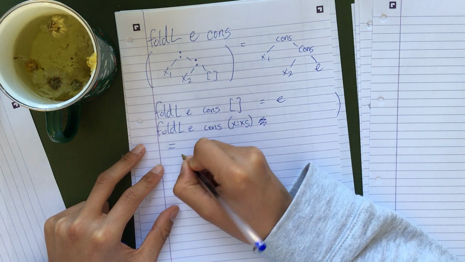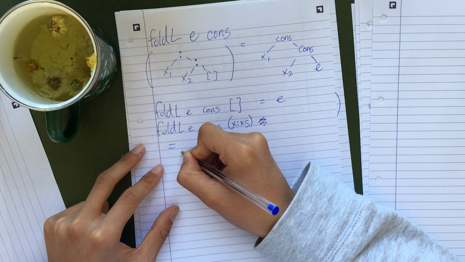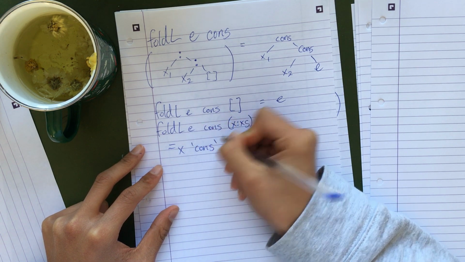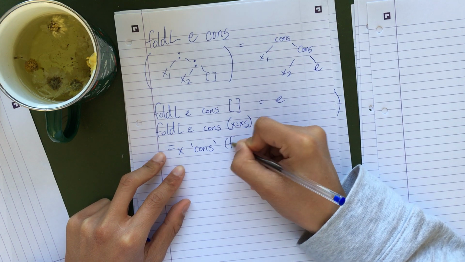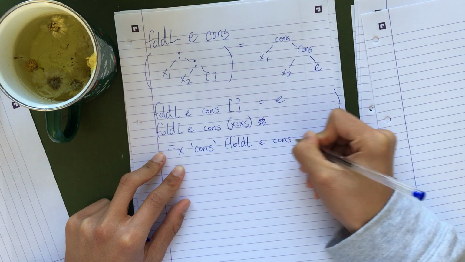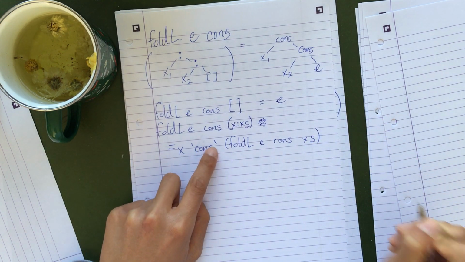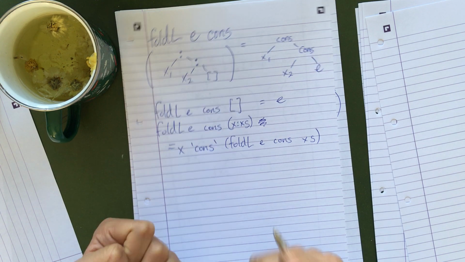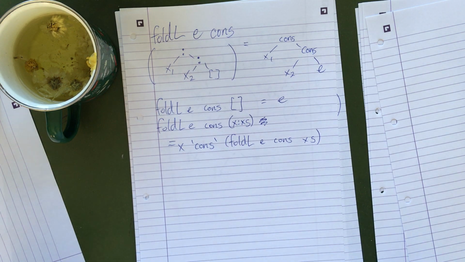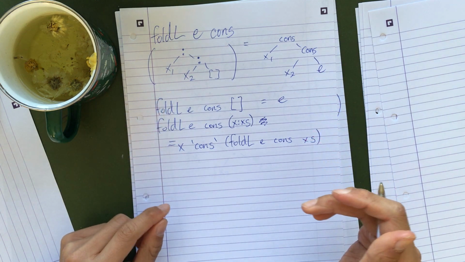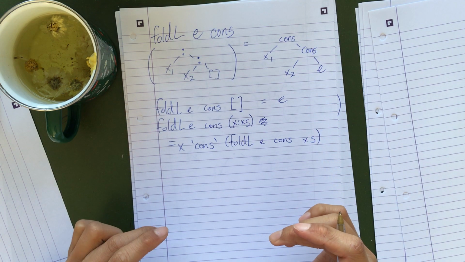We're going to do x cons foldL E cons of the rest of the list. So the back quotes I put here, that just means I'm thinking about this little cons as an operator, as a thing that takes in two arguments and spits out another argument. Okay.